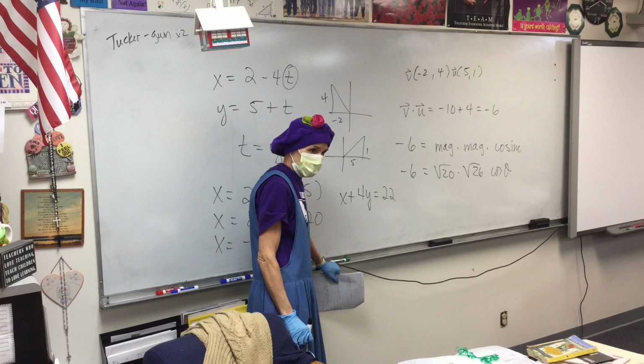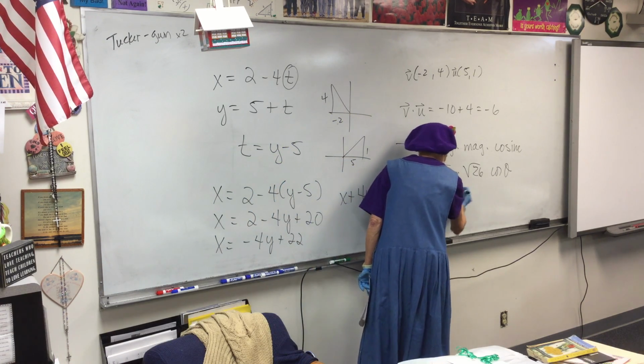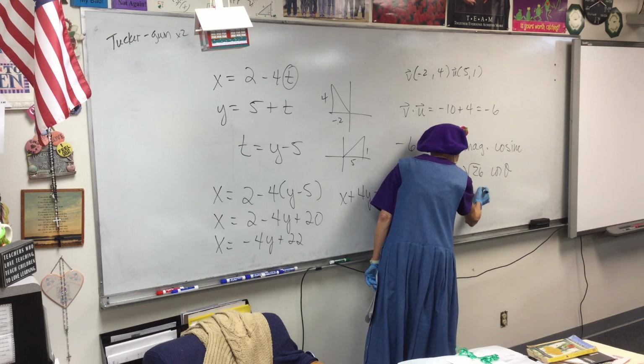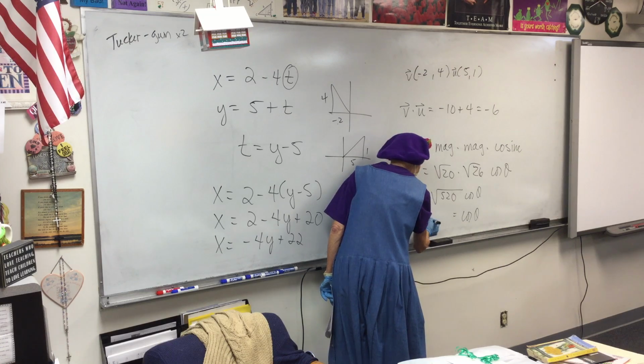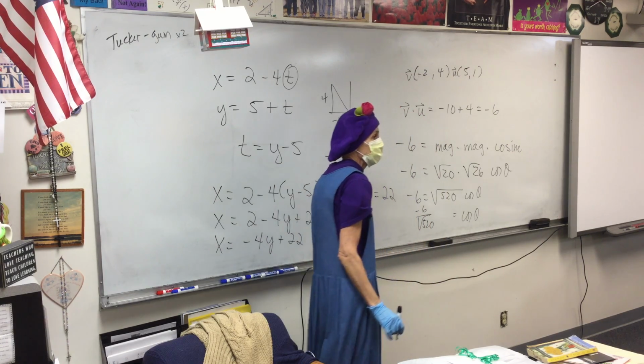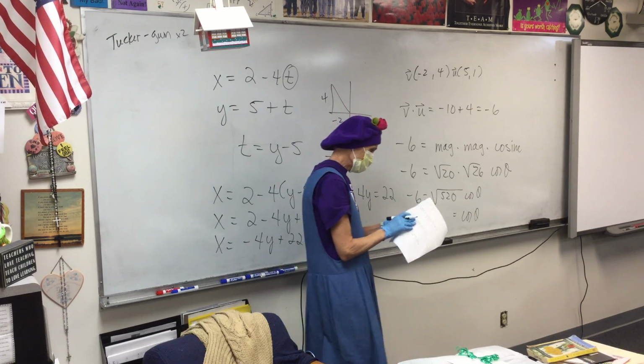Remember what we do next? Put those together, get one radical, it's just easier. And then we divide, and what buttons do I press on my calculator? Second cosine.